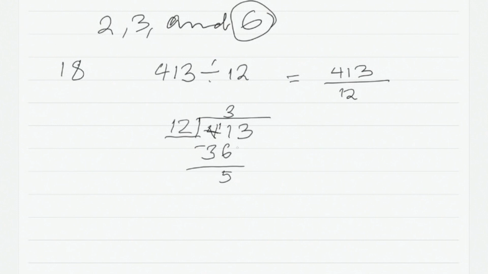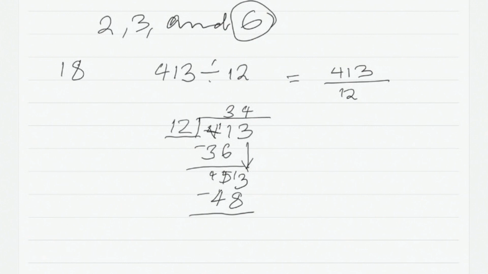So, we haven't finished dividing, so we drop this 3 there. We have 53. So, how many times can 12 go into 53? It will go in 4 times. 4 times 2, that is 8. 4 times 1, that is 4. 3 take away 8, it can't, so we have to get 1 from there. We remain with 4 there.